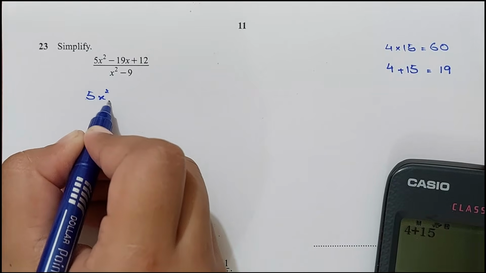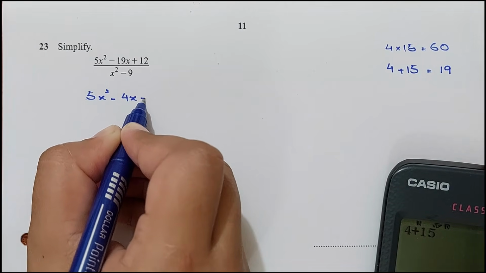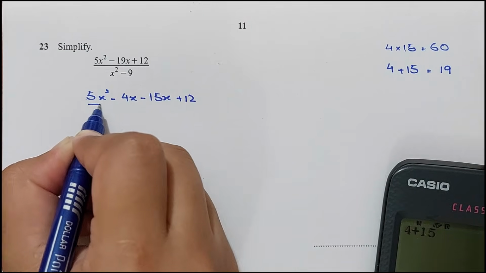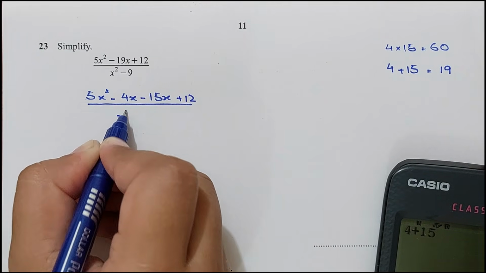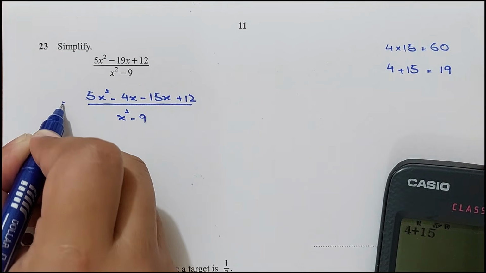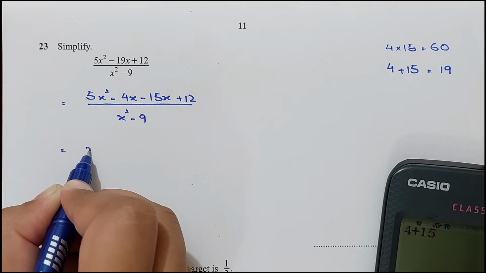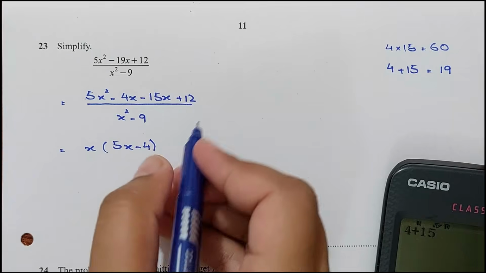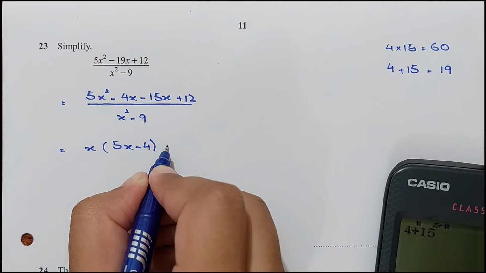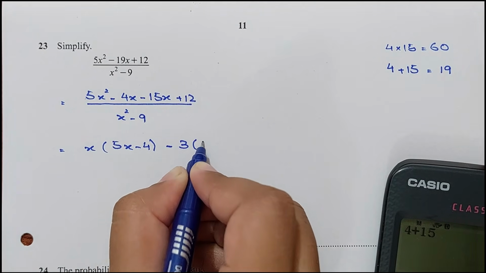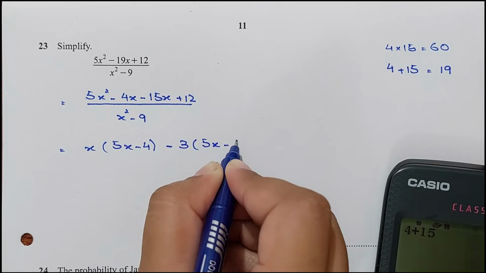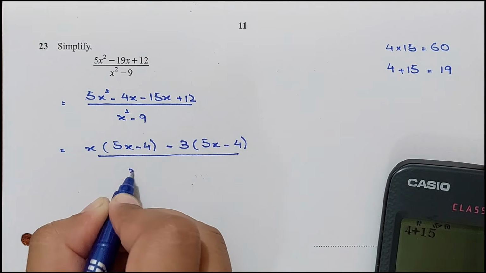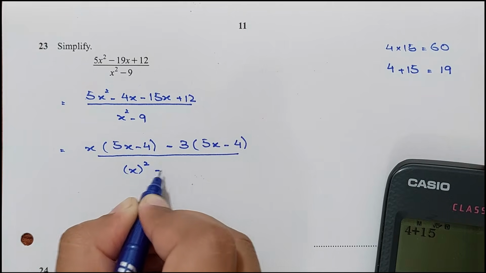5x square minus 4x minus 15x plus 12 divides x square minus 9. Okay, taking x common, we have 5x minus 4, and taking 3 common, negative 3. 3 times 5 is 15. 3 times 4 is 12. And divided by, this is x square minus 3 square.